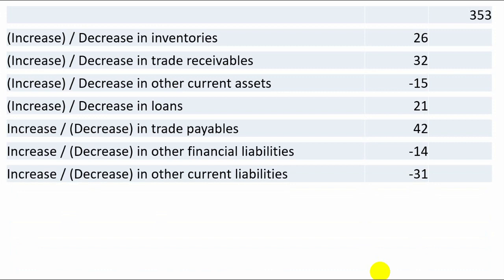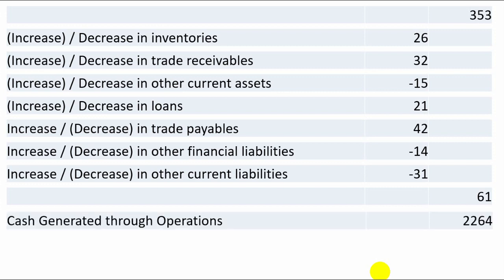In the next example, the current liabilities have decreased, meaning the company has paid for those current liabilities. 31 crores have been paid in other current liabilities. Finally, the total of this is 61 crores. There may be more items in the working capital changes, but these are a few examples to understand how the cash flow from operations is calculated from the profit before tax.